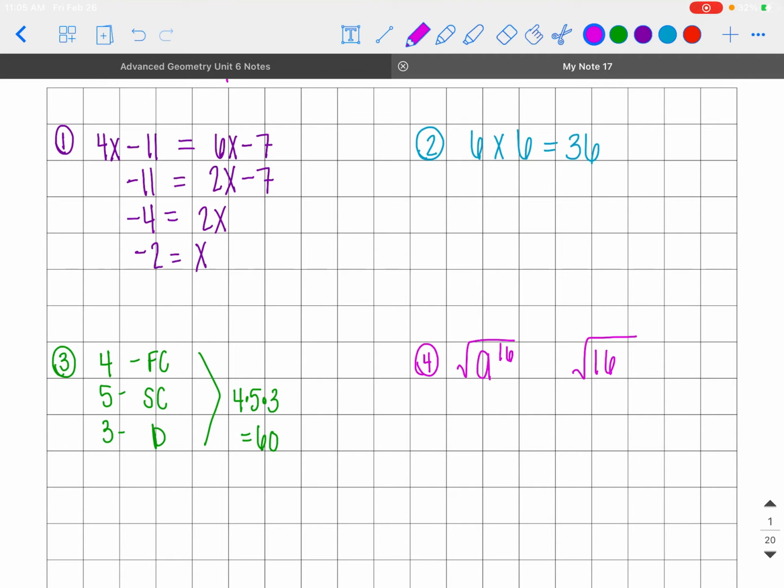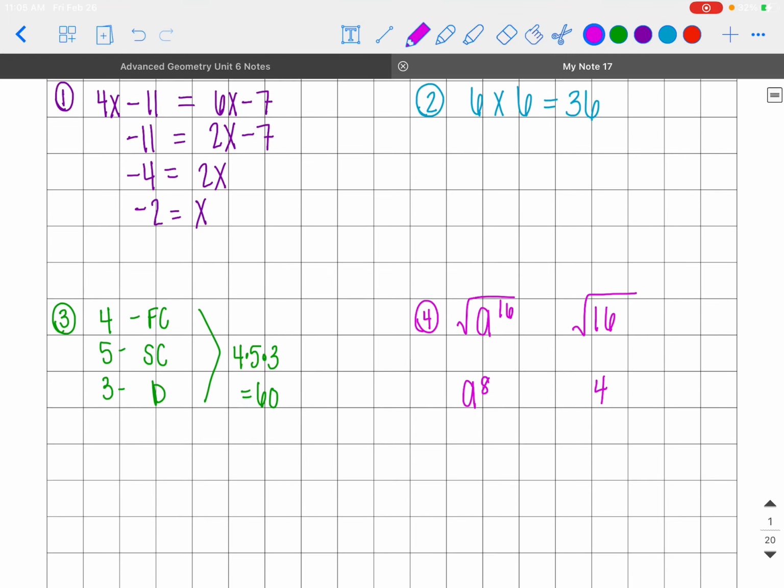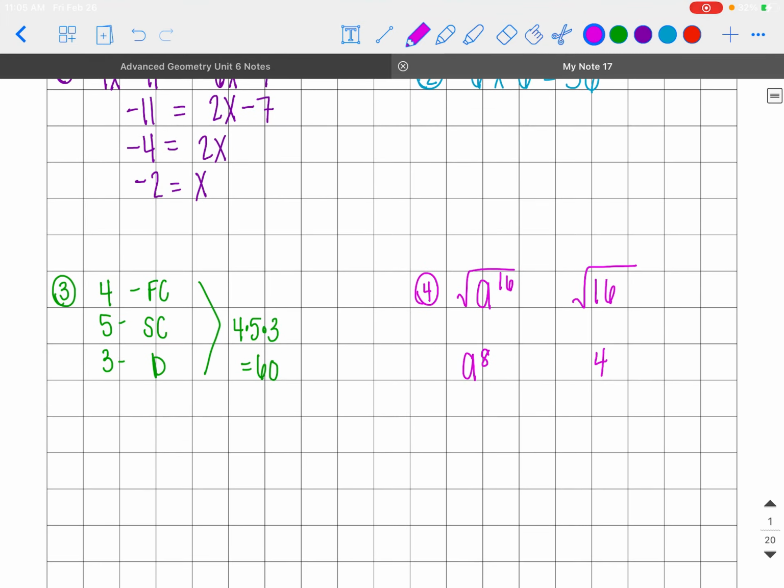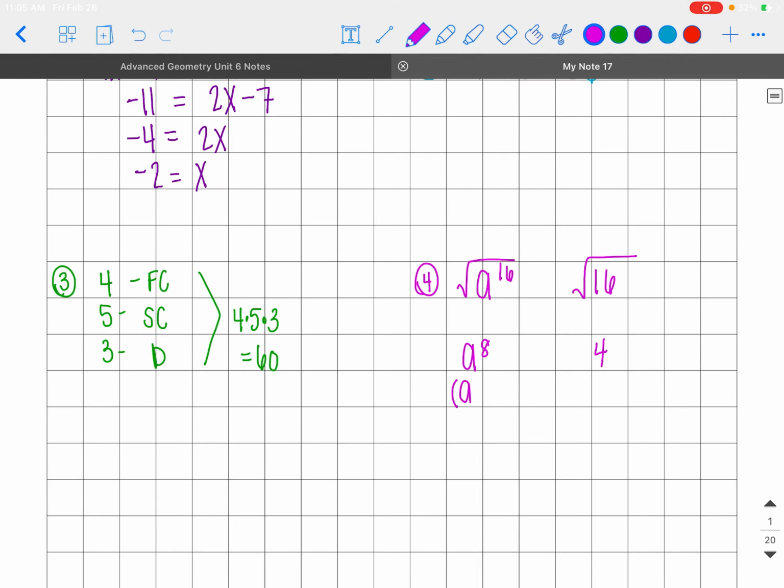When you take the square root and you have an exponent, you divide the exponent by 2. So the square root of a to the 16th is a to the 8th. The square root of 16 is 4. So when I factor this difference of squares, we have a to the 8th plus 4, a to the 8th minus 4.